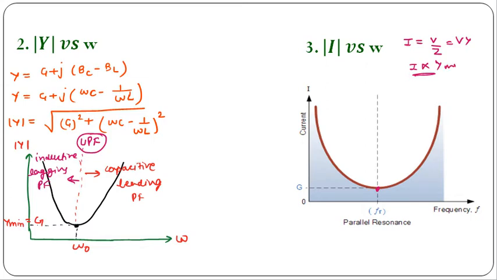Okay, so if we are getting minimum admittance at the resonating frequency, it means at that time the current will also be minimum, and minimum current is given by V by Z, that is equal to V into Y, and Y minimum is G. Okay, so this is G. So minimum current is given by V into G, and this is at the resonating frequency. So this is current versus frequency characteristics, and this is admittance versus frequency characteristics.